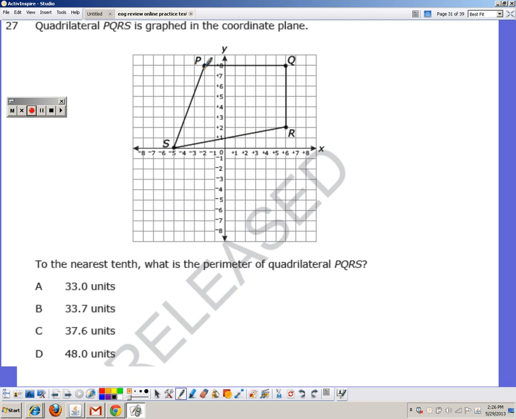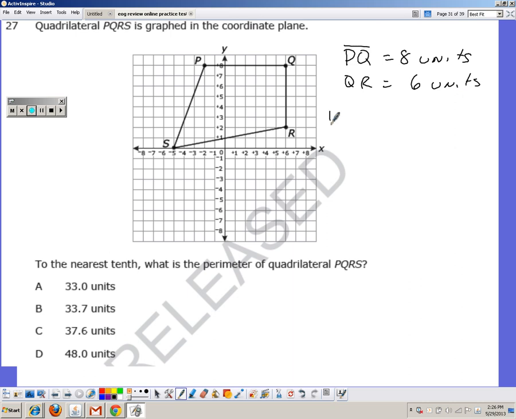So start at P and count over: 1, 2, 3, 4, 5, 6, 7, 8. So PQ is 8 units. QR, so Q, 1, 2, 3, 4, 5, 6. 6 units.